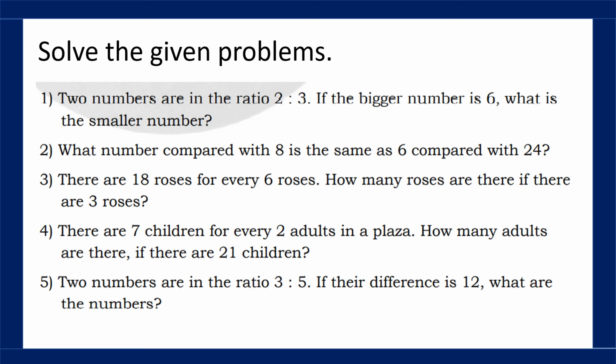Number 3. There are 18 roses for every 6 roses. How many roses are there if there are 3 roses? Number 4. There are 7 children for every 2 adults in a plaza. How many adults are there if there are 21 children?